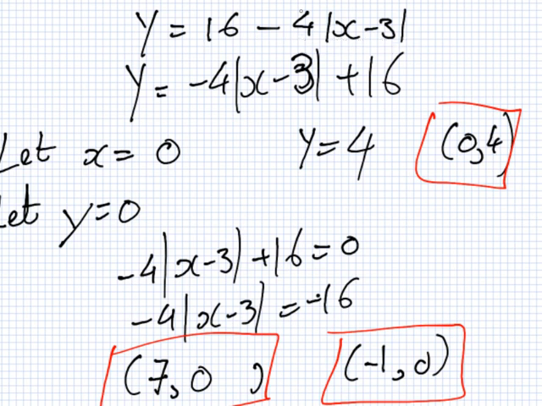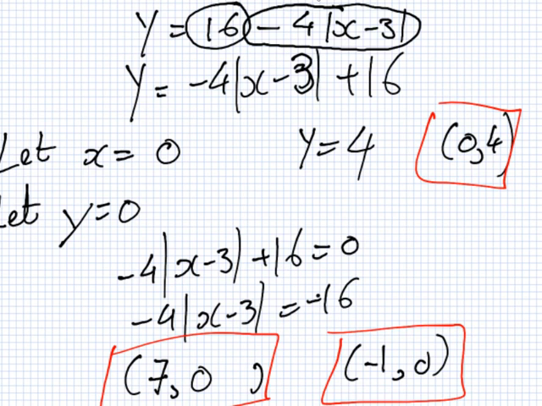If I want the maximum, what's the maximum 16 can be? 16. What is the maximum minus 4 absolute x minus 3 can be? What's the maximum this can be? 0. Why?